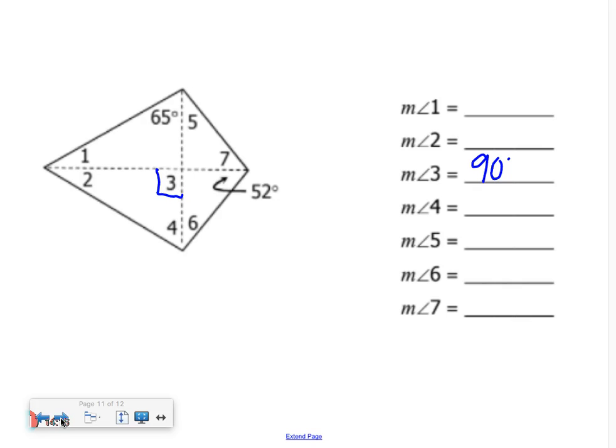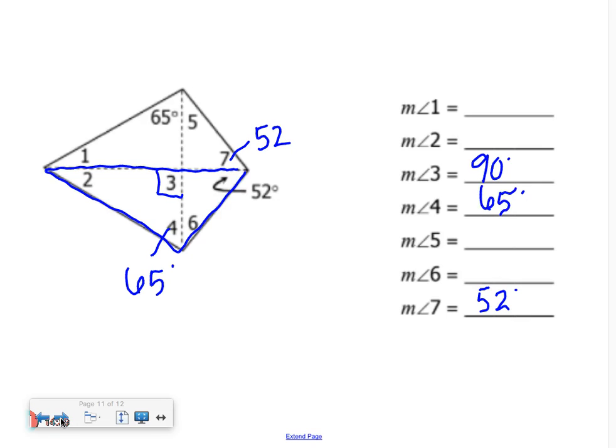Yeah. So remember, this bottom triangle is congruent to this top one. So it's a reflection, really. So if this is 52, then this guy's 52. Would that mean that 4 is 65? Yep, 4 is 65.